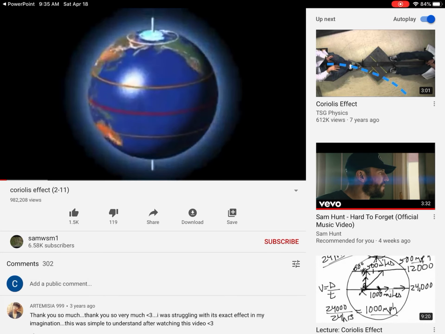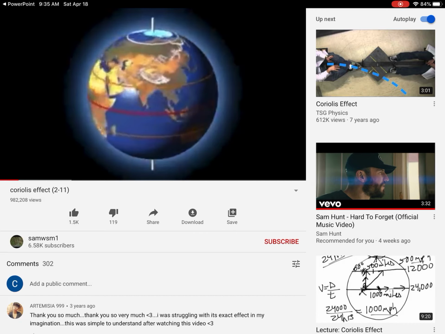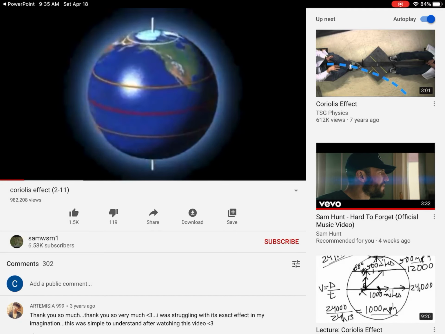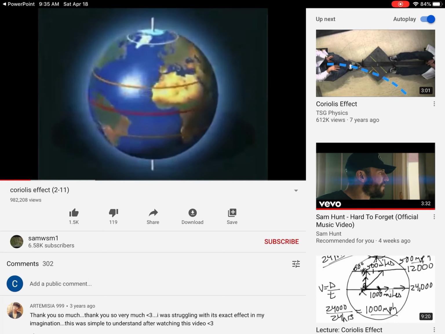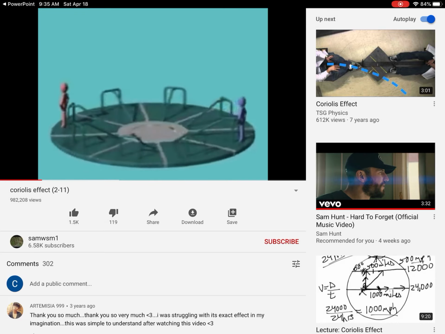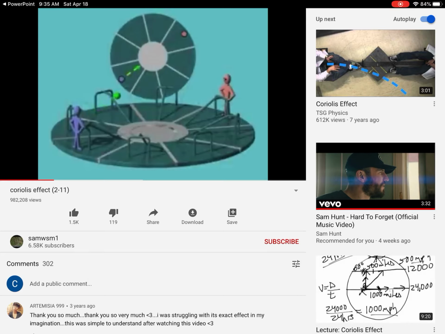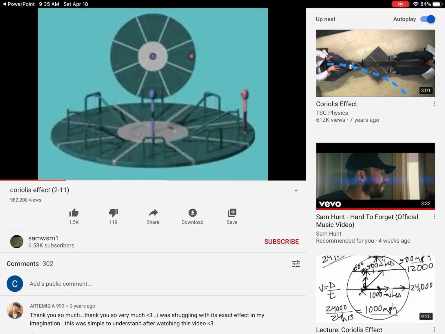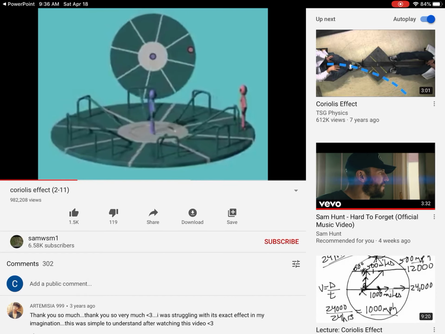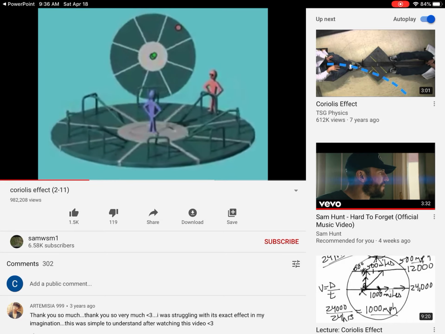Coriolis effect. An object in motion appears to be deflected from its course, as if a force is pulling it sideways. To demonstrate this point, let's imagine a game of catch being played by two people on a merry-go-round that spins like the Earth but is flat. Without rotation, the ball appears to follow a straight path from thrower to catcher. Imagine the ball is tossed from the center to someone at the edge. With rotation, the ball still travels in a straight line in space, but because the catcher is moving, the ball misses.